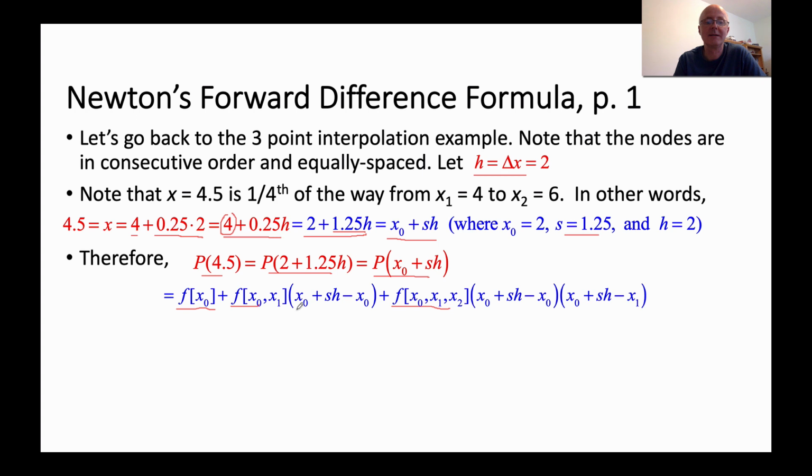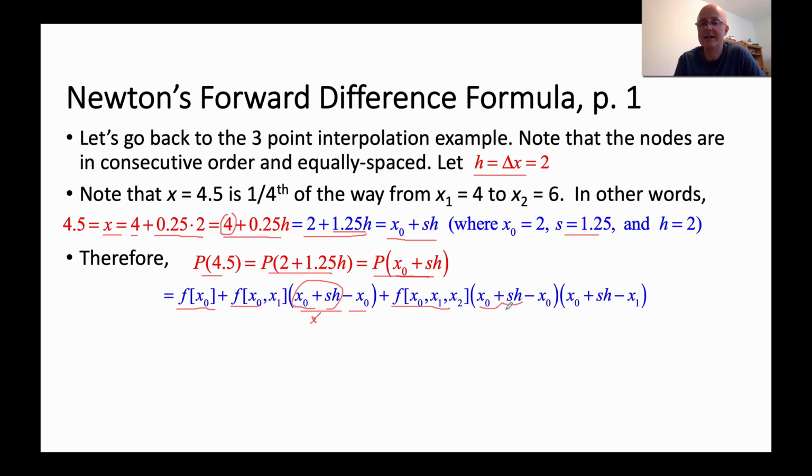And notice this is x, which is x0 plus sh right there, minus x0. This thing right here is our x that we are plugging in, just written in a different form. Then I have the second divided difference.